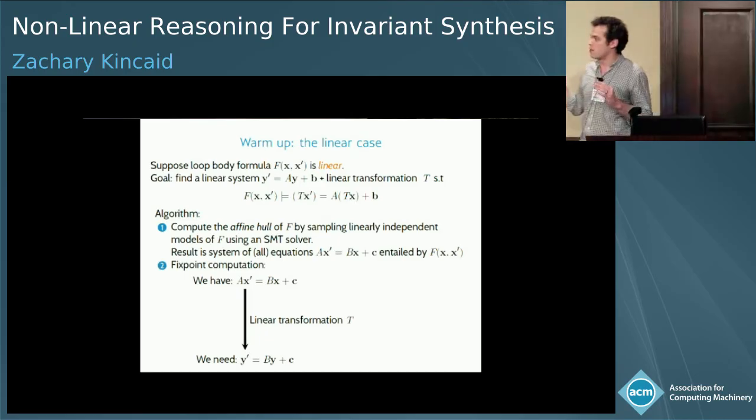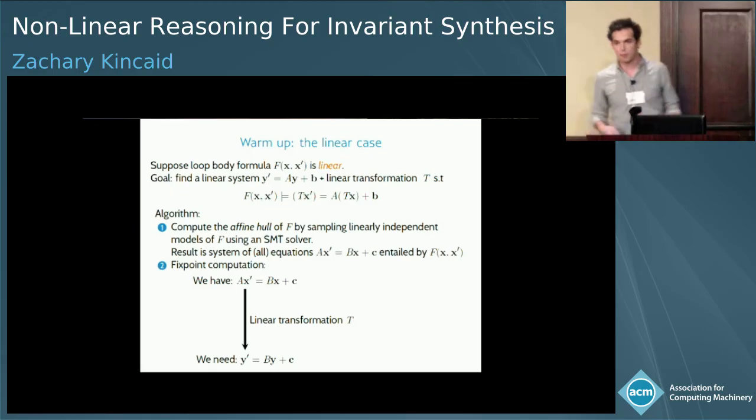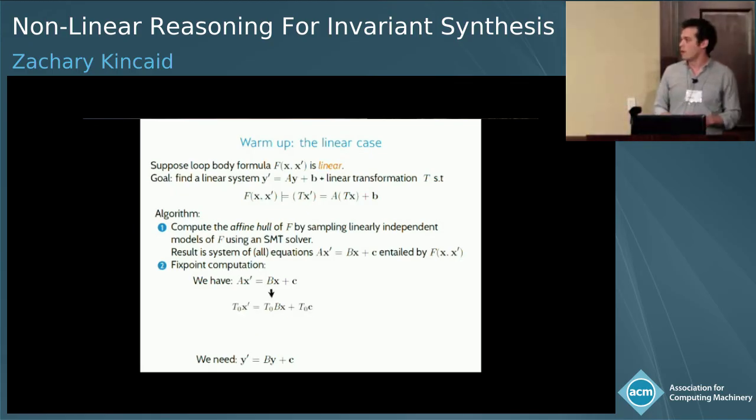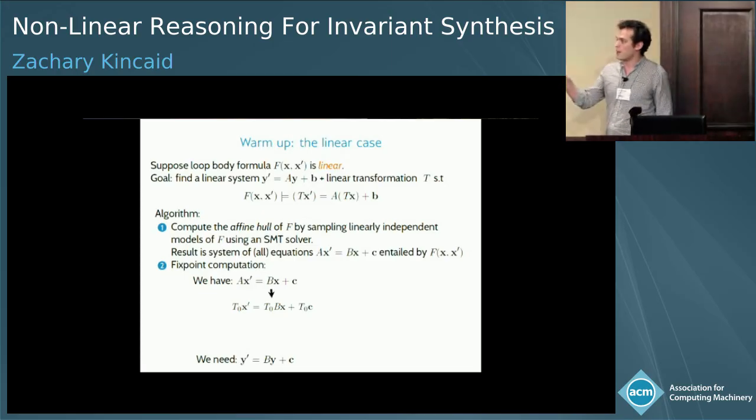So now I need to go from this system of equations into a system of recurrence equations. And this is done by an iterative process of fixed point computation, where at each step of the fixed point computation, we're really just applying a linear transformation that projects out equations that can't possibly contribute to a recurrence.